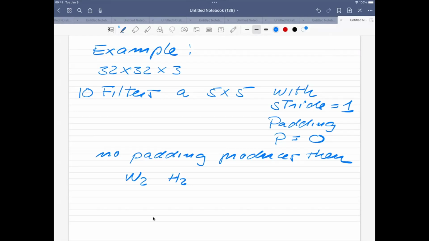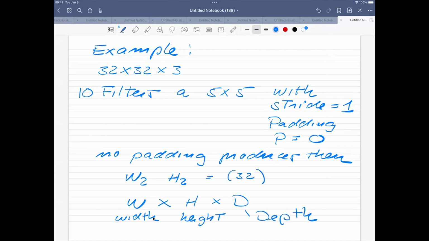So let's set up the image with width W, height H, and D for depth. In this specific case, I put both W and H to 32. That's the input. For the filters, we are going to get parameters W and H, and also a depth, which is the number of filters we are making.